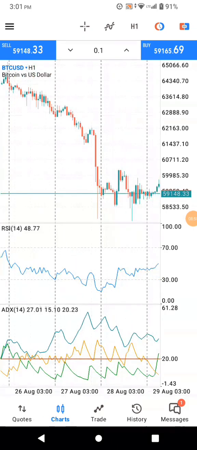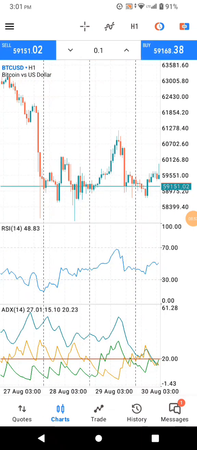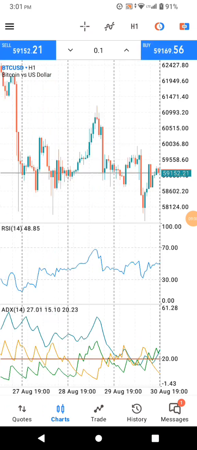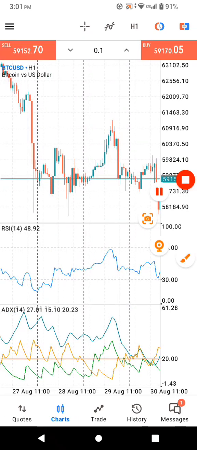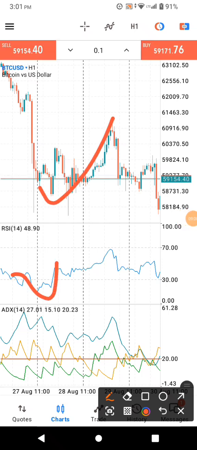But it doesn't have to change every time. It can just mean that we are going to have a pullback, like this place here. It came below 30, came back in, and we just had a pullback. Then we continued. Mainly that's why I use it, just for a pullback, then we continue.